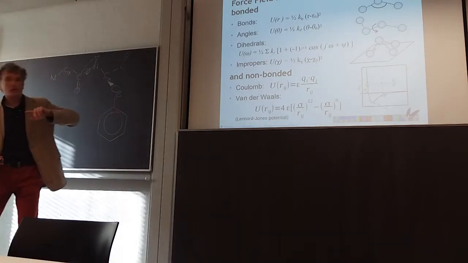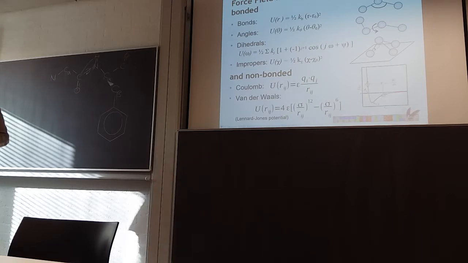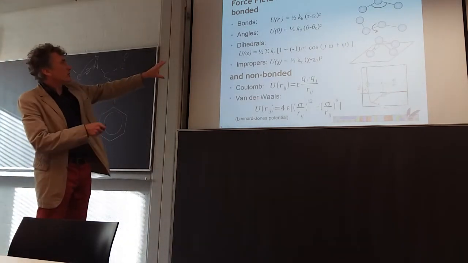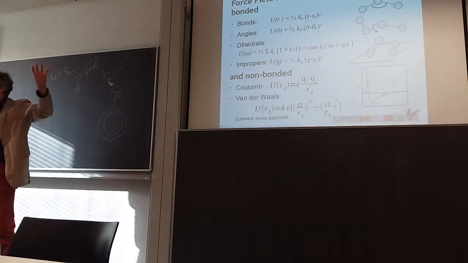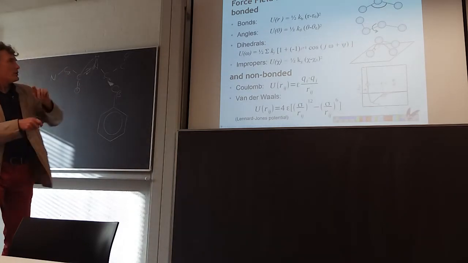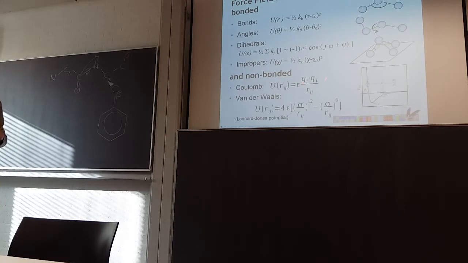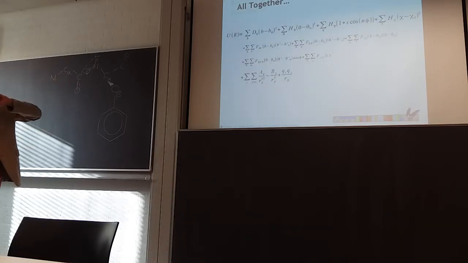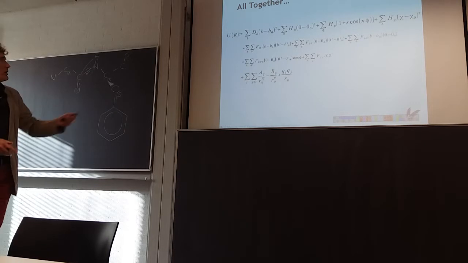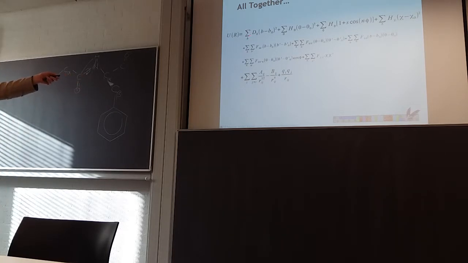That's enough about the force field, I think. Oh no, we have to put it together because these are just the individual interaction terms. This is for pairs of atoms, i and j. So now we still have to put it together, and that looks a little bit like this. You'd have a sum over all the bonds, where you have a bond interaction for each of them.